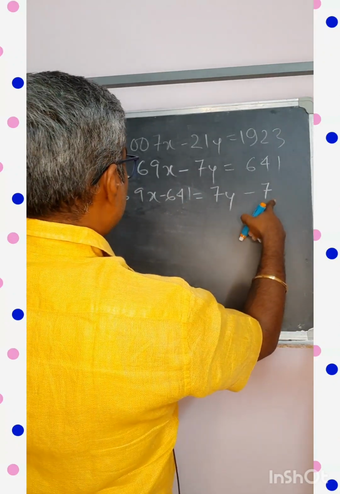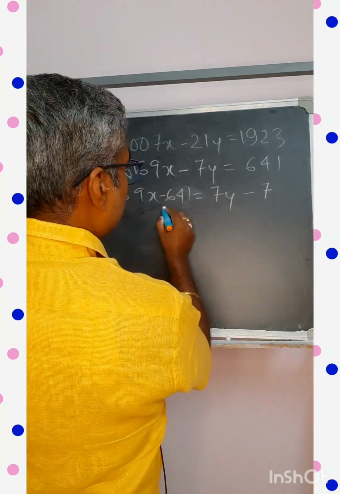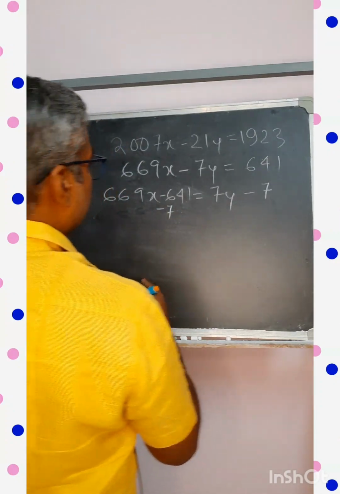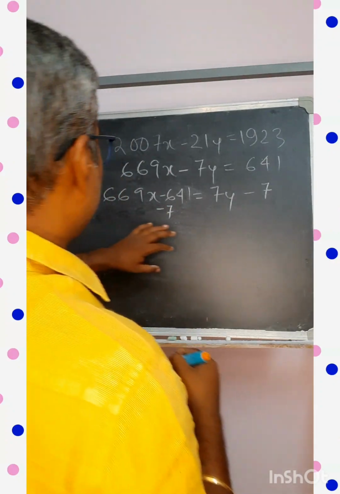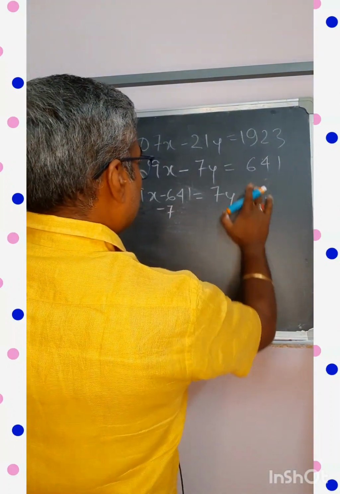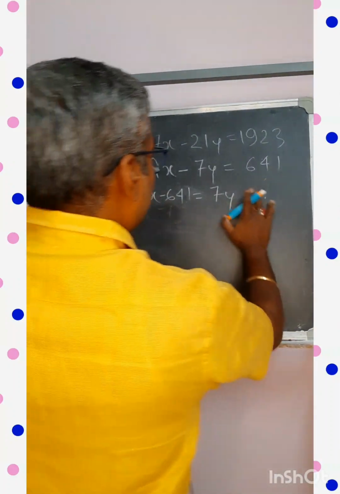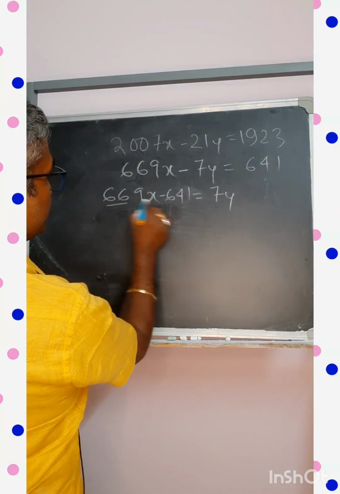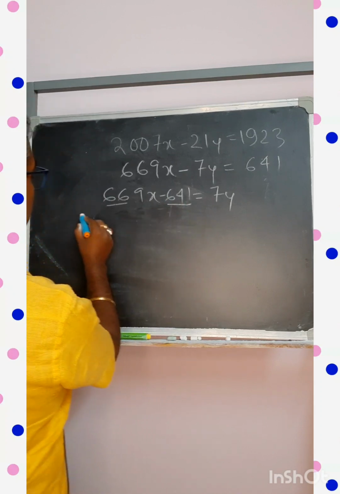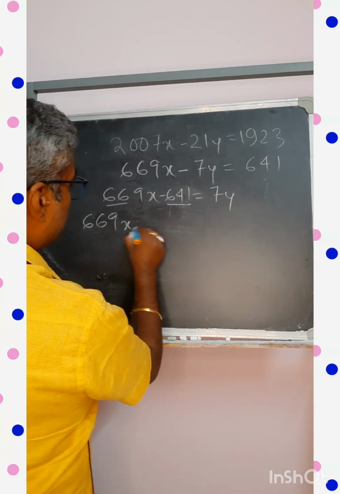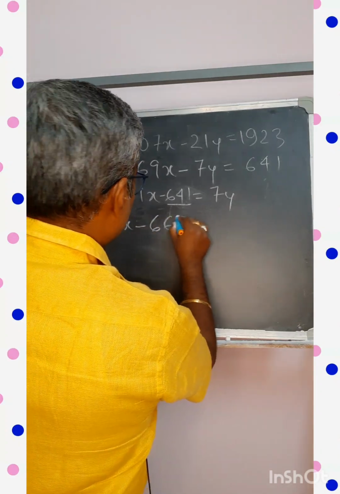So I have subtracted 7y, and let me do it first like that. Now I want to keep the same constant 669 here.